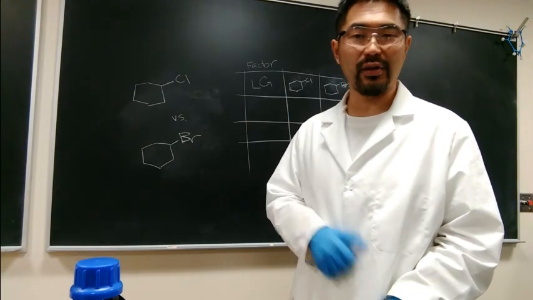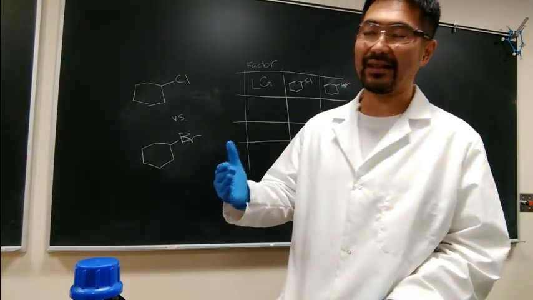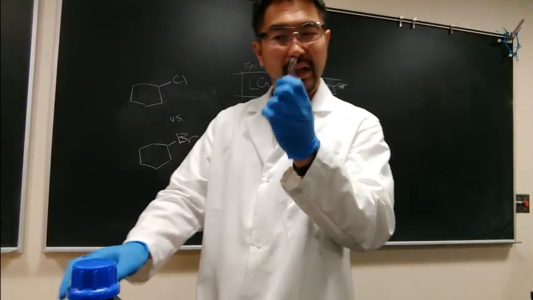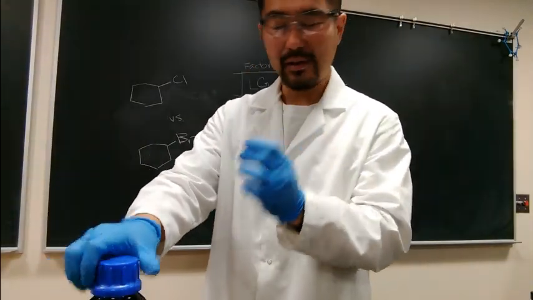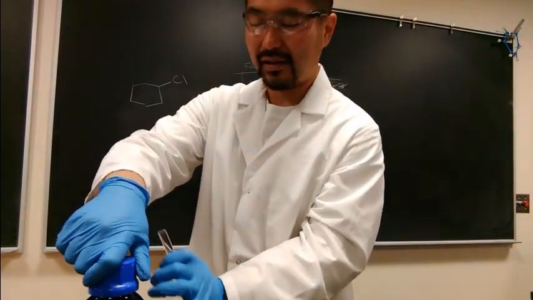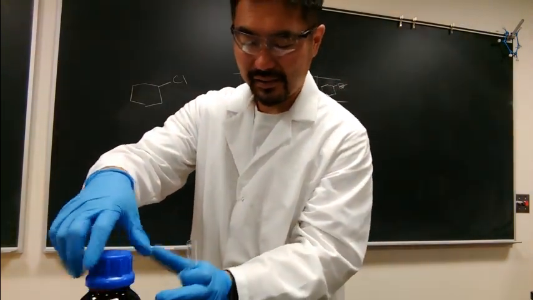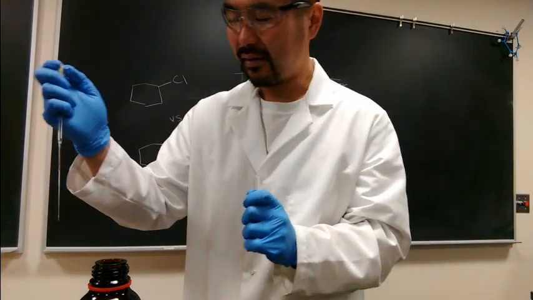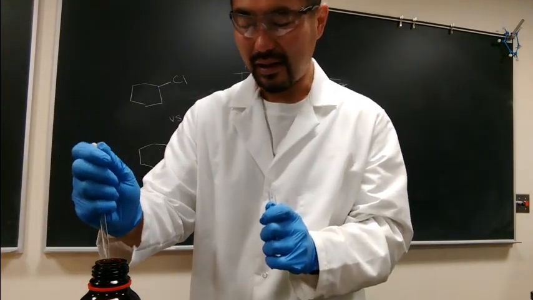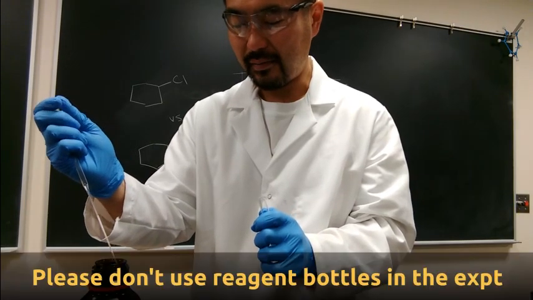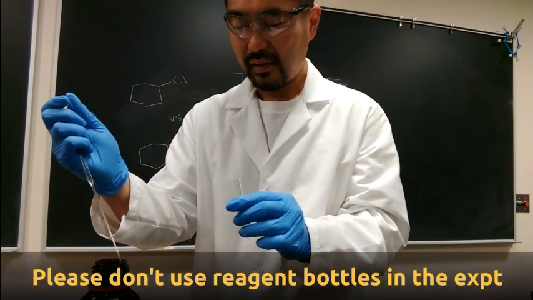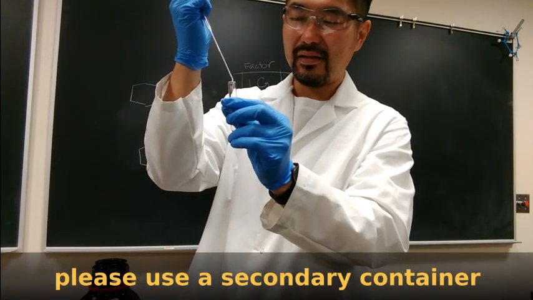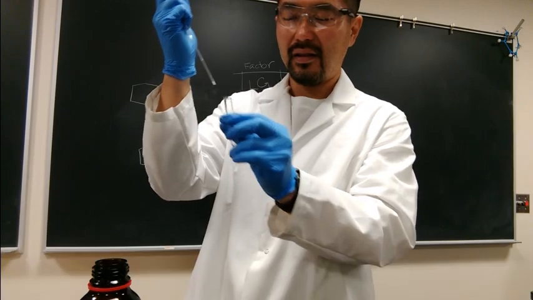That's going to be your visual cue that the reaction either is happening or has completed. So here I have an empty test tube, and in this example I'm actually going to use benzyl chloride, not a cyclohexane derivative. I'm going to take a few drops from the chemical bottle, and I'm going to put 1, 2, 3 drops.